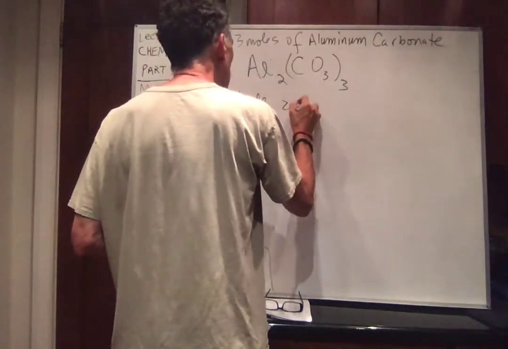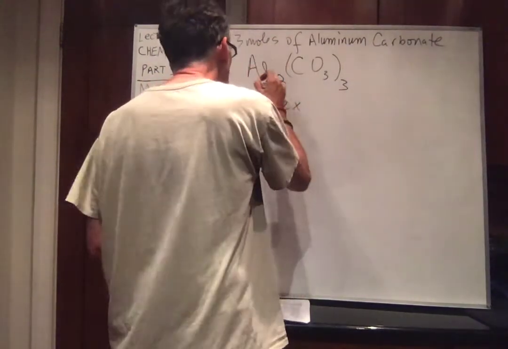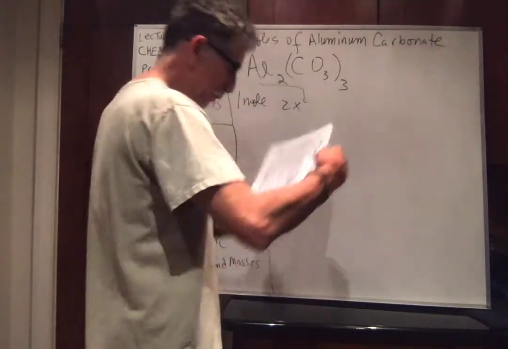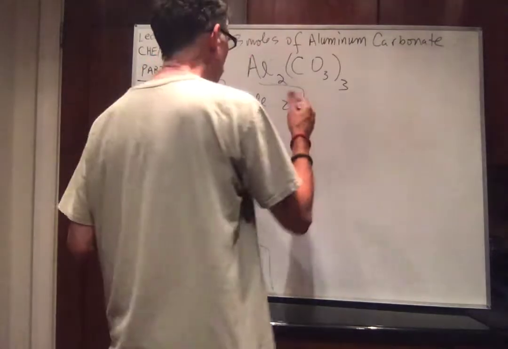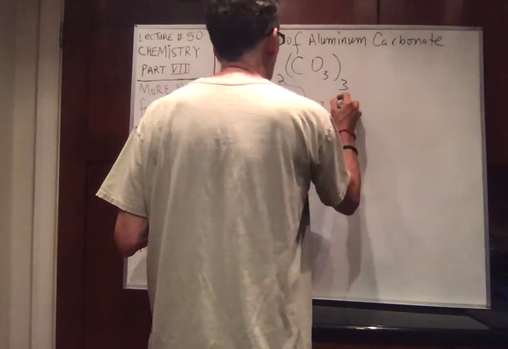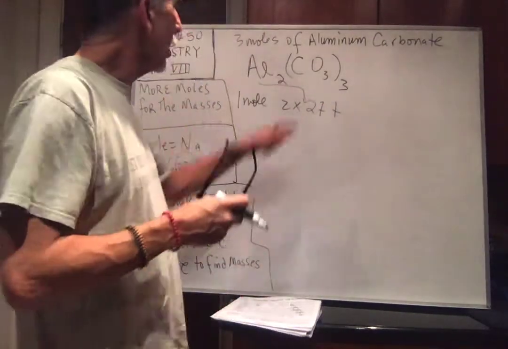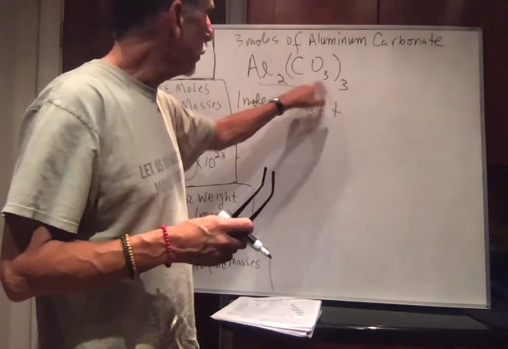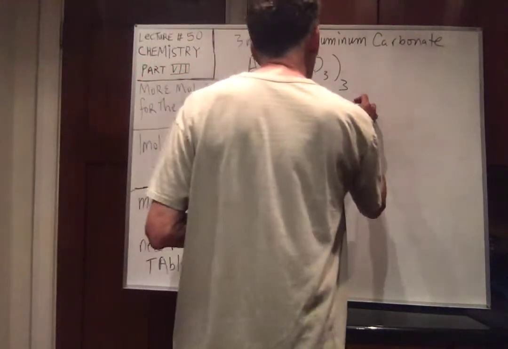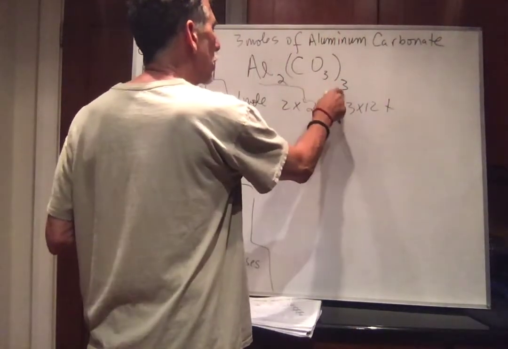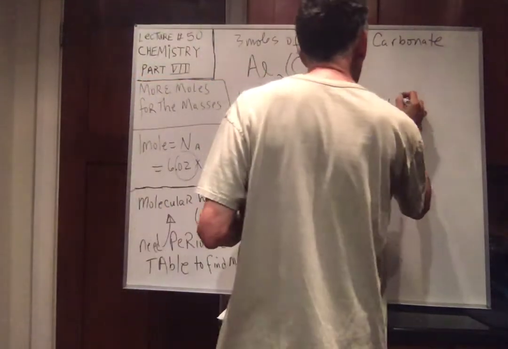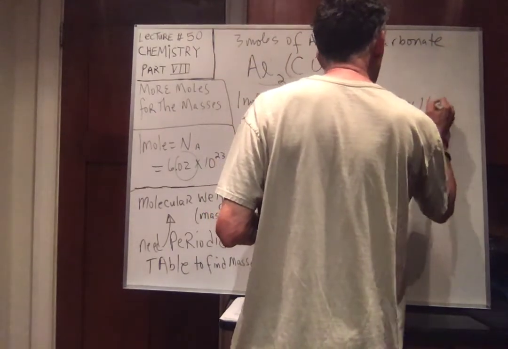We need 2 times, what's the mass of aluminum? I don't know. Let me look it up. I have a periodic table. It's 27, rounding it up. Plus 3 times carbon, right? There's 3 carbons. So it's plus 3 times 12, plus 3 oxygens, but 3 of those is plus 9 times the mass of oxygen, which was 16.